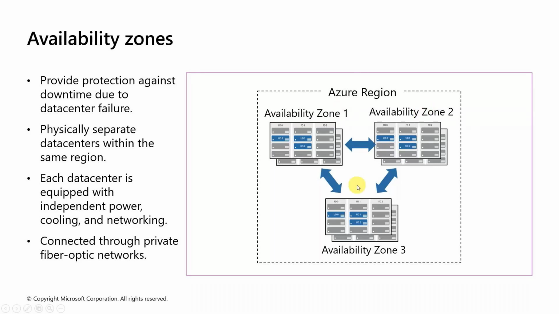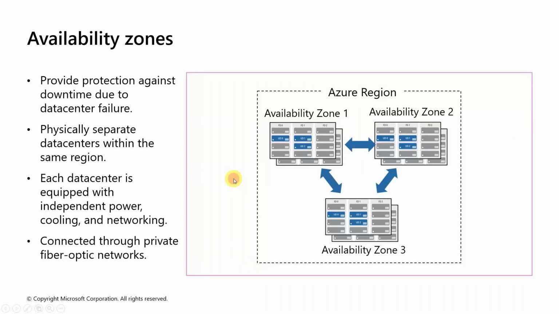That way the chances of having your VM going down will be less. They protect against failures. If you don't choose zones, the cost will be low, but there are chances that it may go down.